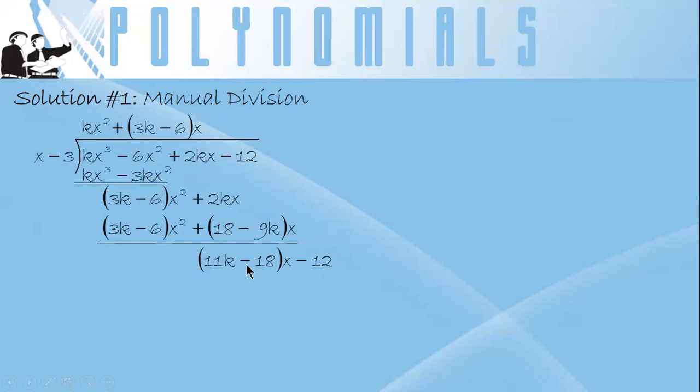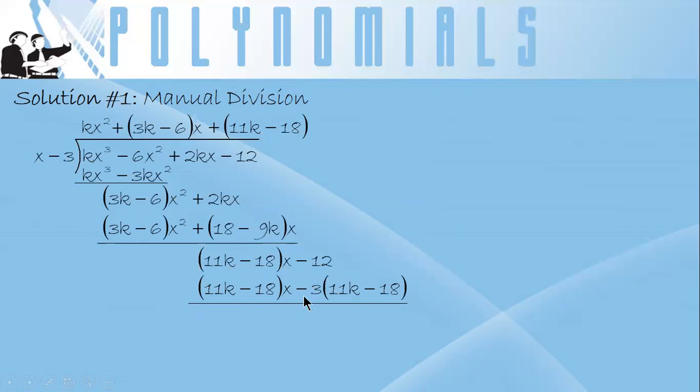And then last, divide. This will be the constant term of the quotient. And then multiply again: 11k times negative 3 is negative 33k, and negative 18 times negative 3 is positive 54. And then combine, the first terms cancel.